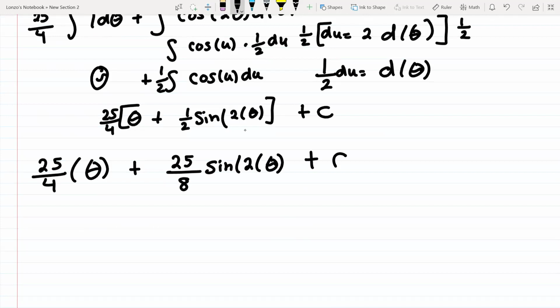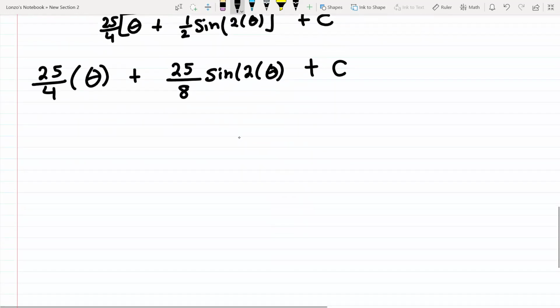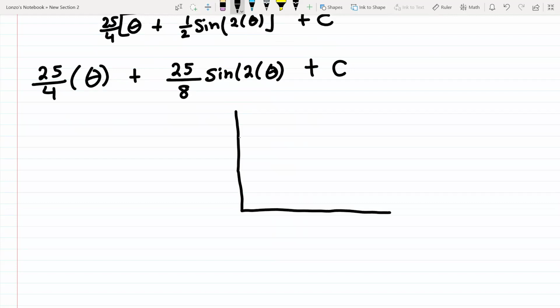plus c. Okay, the last step is to draw our triangle, because our final answer has to be in terms of x. So let's go ahead and draw our right triangle. We're given that x equals 5/2 sin theta.